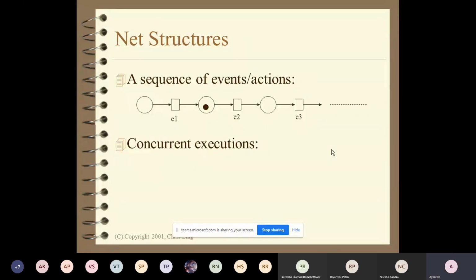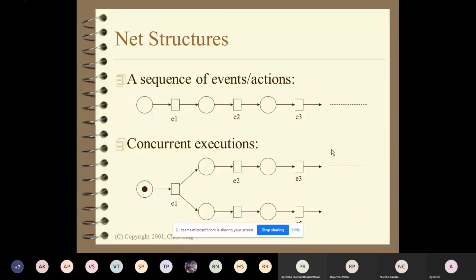When we are considering net structures or Petri nets, we are typically interested in this type of modeling because it supports both synchronization and concurrency in a smart way. This is the concurrent execution you can see. You can go a bit back.